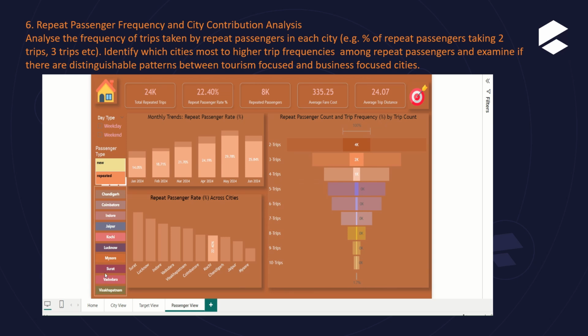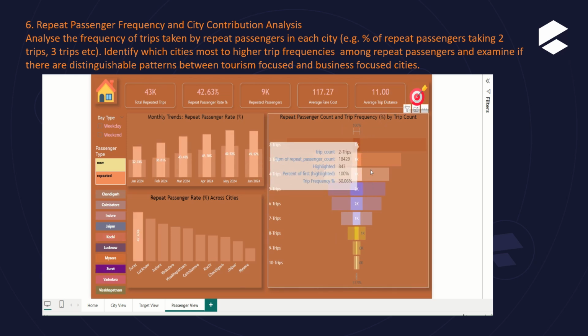And in a business based city such as Surat, we see that the amount is equally distributed between the trip frequencies. So, the cities which are a combination of both business and tourism have the highest number of trip frequency, where the business cities have the medium trip frequency, where the tourism cities have the least trip frequency.